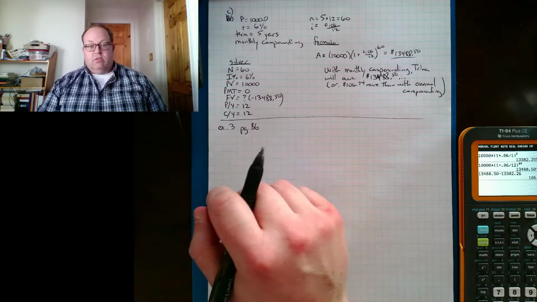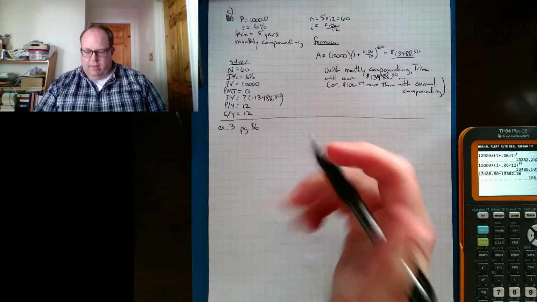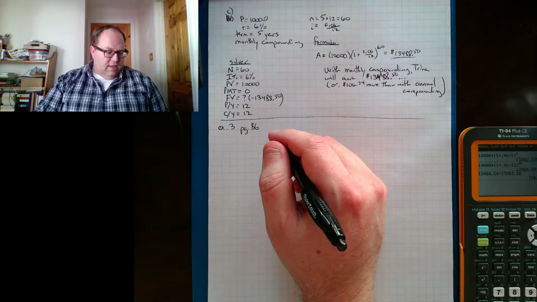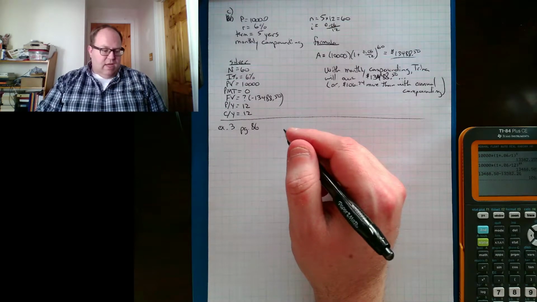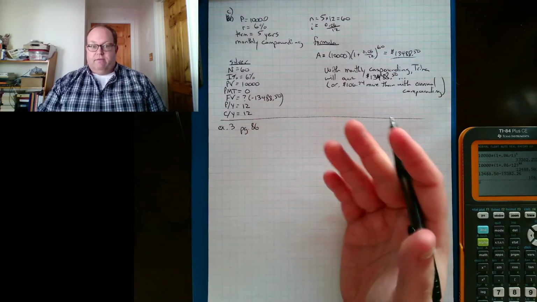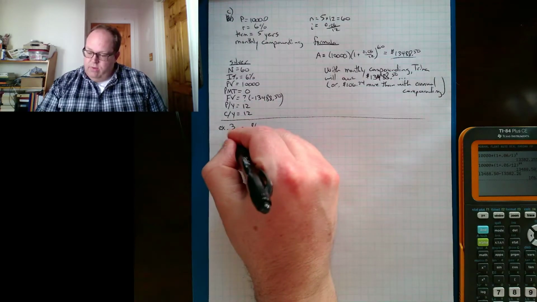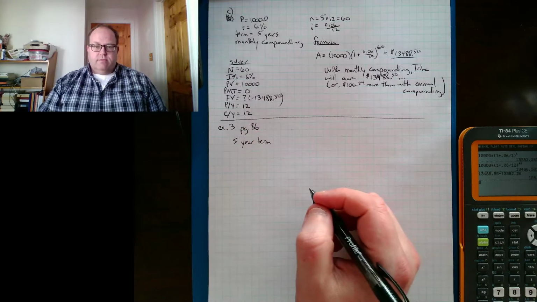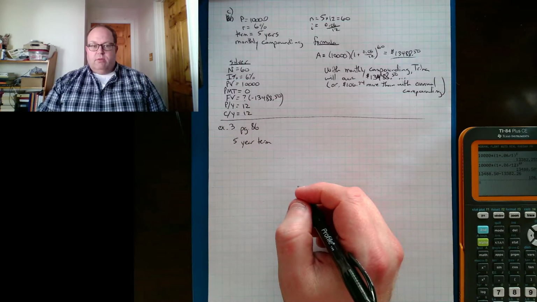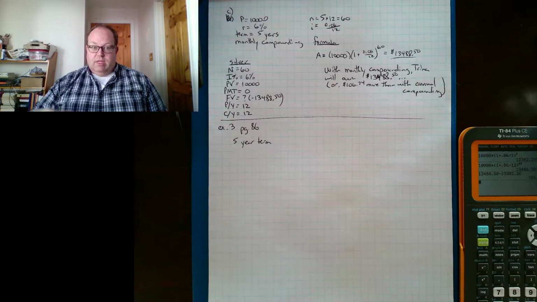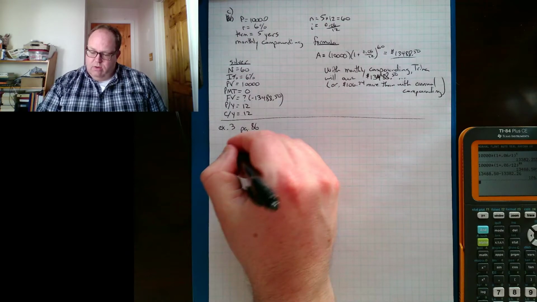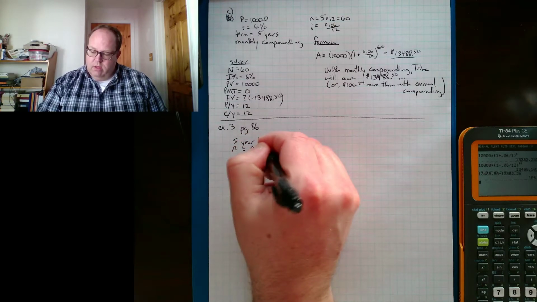How much interest will she pay? Okay, so it's worth noting that the GIC part is mostly pointless, other than to say that she wants to borrow this money for 5 years. So we know we want a 5-year term for this borrowing. We don't know what the present value is. We don't know what the initial amount she wants to borrow is. But we do know that she wants the future value to be $20,000.